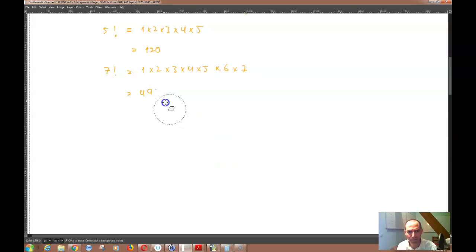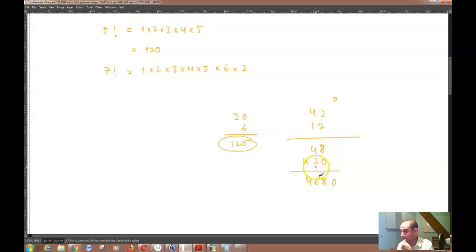Let's see. 1 times 2 times 3 times 4 times 5 times 6 times 7. 6 times 7 is equal to 42. 5 times 4 is equal to 20.